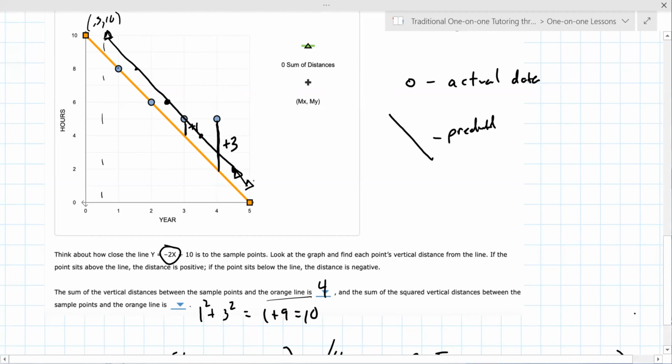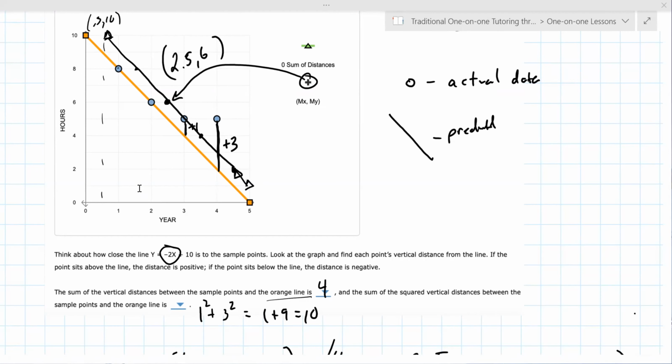Yes, that will do it. And then do you see the black plus sign? That plus goes right there, at 2.5 comma 6. Yes, okay.